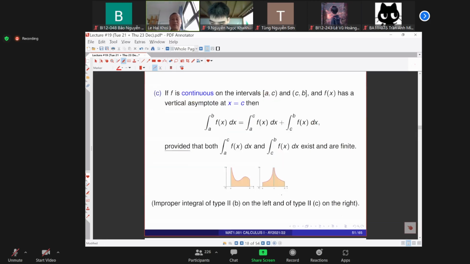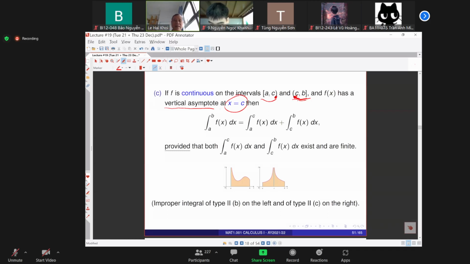And the third case, similar to type 1, you have a vertical line at one point inside. That is, for a c, you have the vertical line at the right end c, and for c b, you have the vertical line at the left end point c.